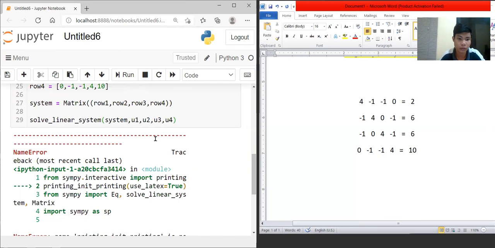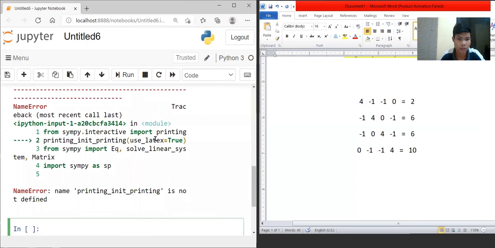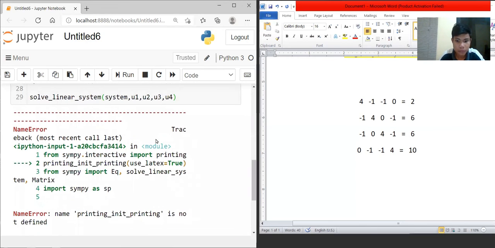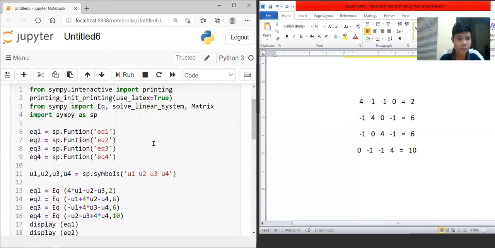So, merong mali. Name error. Name printing, init printing is not defined. Mali, this one is mali.